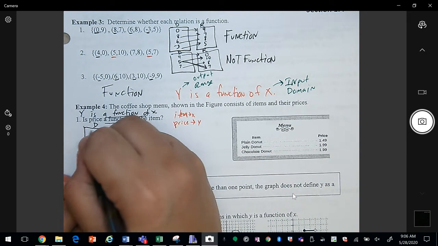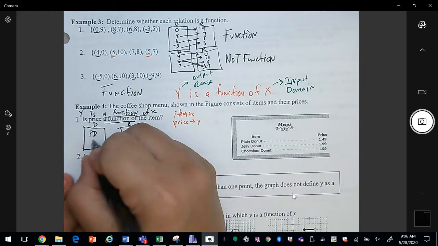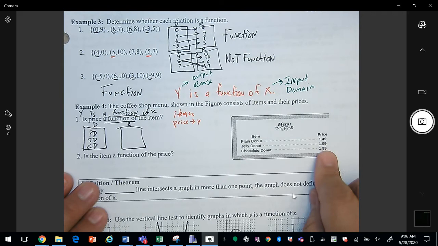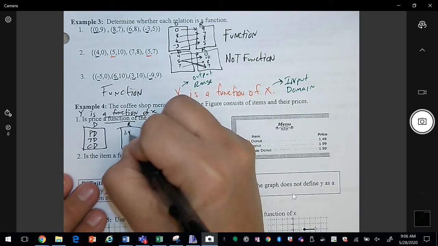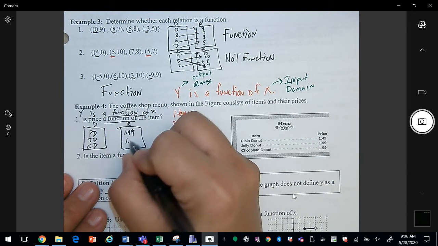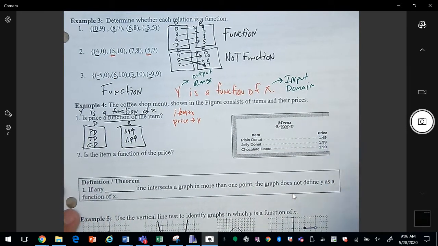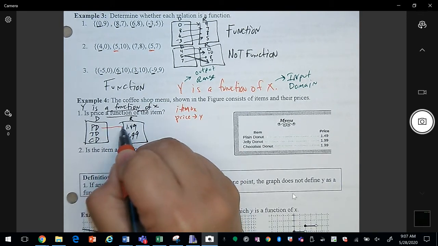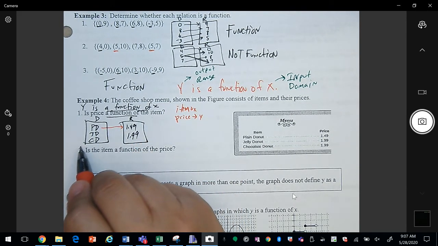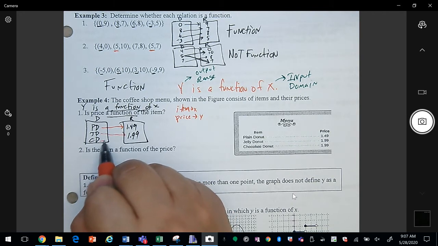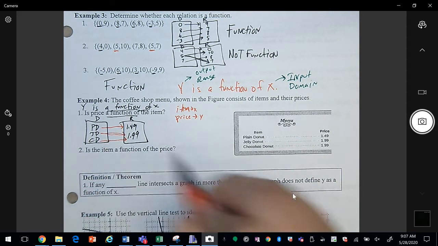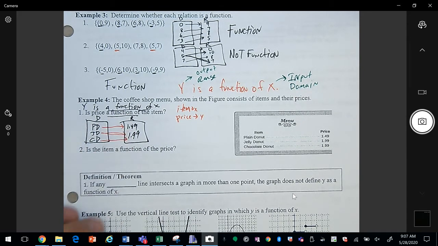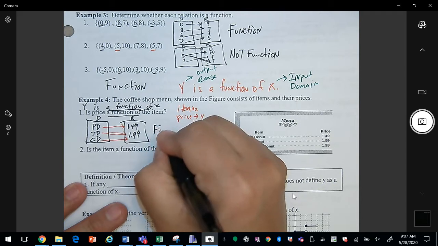So we have a plain donut, we have a jelly donut, and we have a chocolate donut. And then your price is your range. So we have 149 and 199. And 199 is repeated, so we don't have to write it twice. So we can see that the plain donut is 149, the jelly donut is 199, and the chocolate donut is 199. So you can see that each of these items go to just one price. And so we say that this is a function.